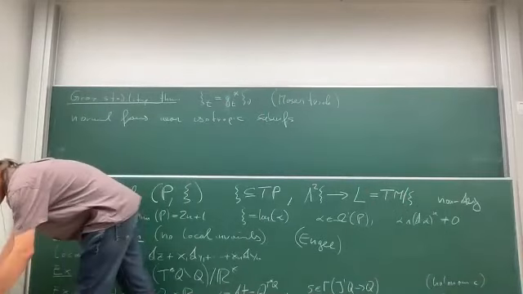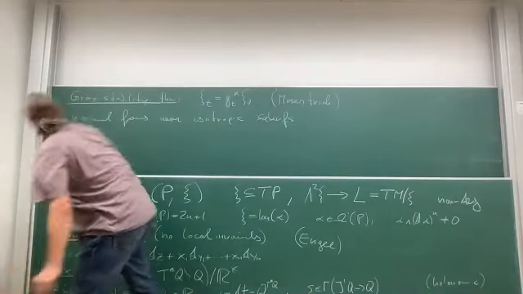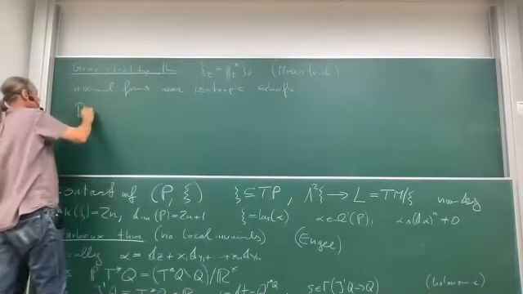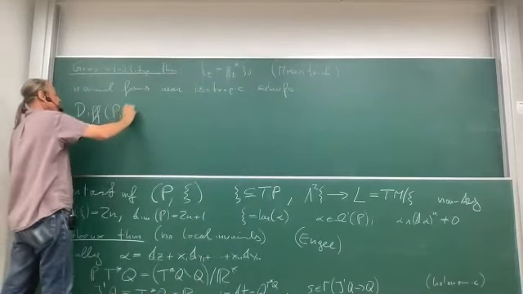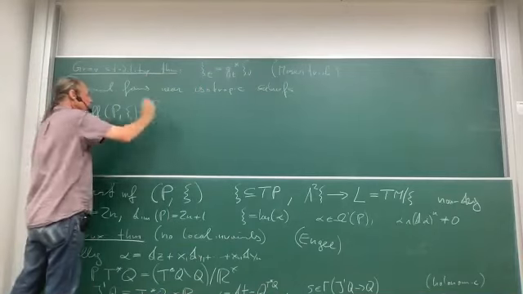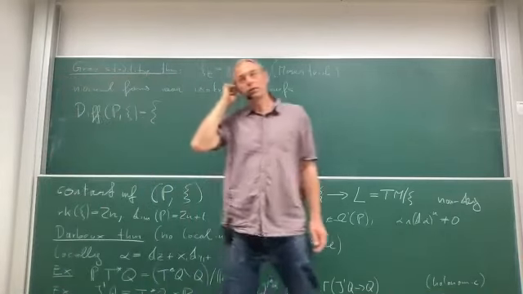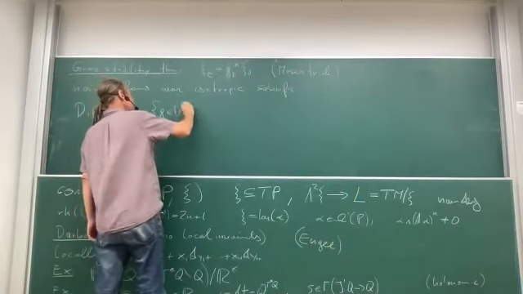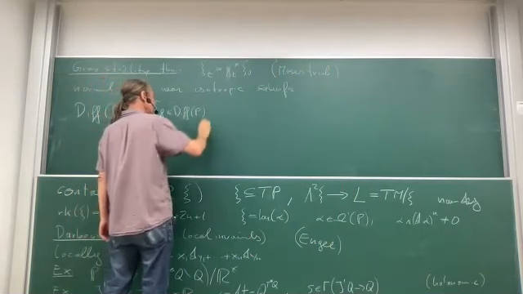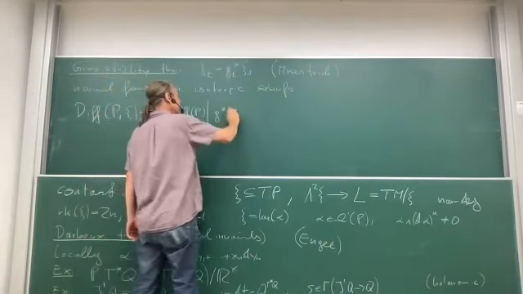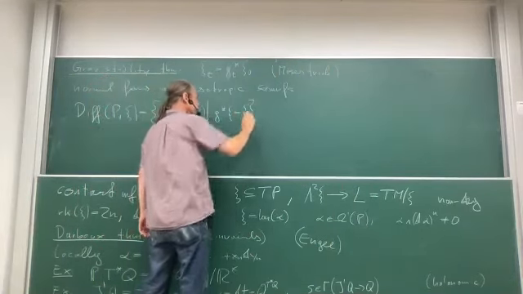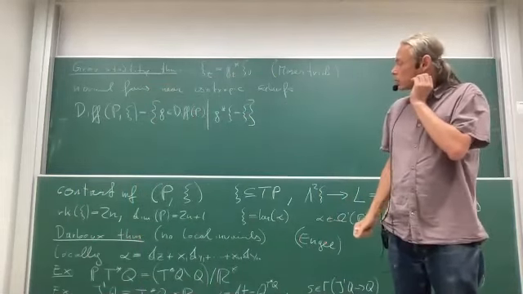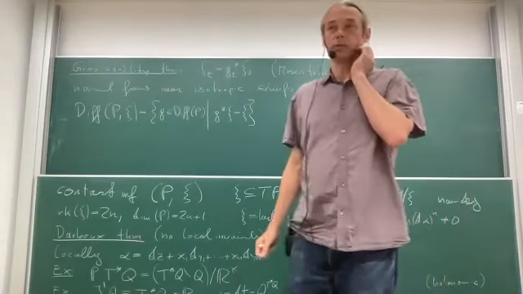The next thing I would like to talk about is the group of contact diffeomorphisms. It is just the group of all diffeomorphisms which preserve the contact structure, the hyperplane field. So these are all diffeomorphisms g. This will turn out to be very much like the Hamiltonian group.